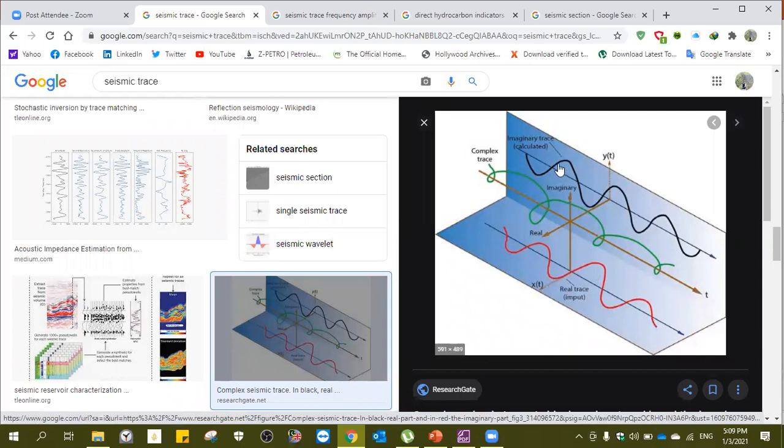Now the second one lies in the second dimension, which is the imaginary trace, which can be calculated with the help of different mathematical processes. After that, we have another trace known as the complex trace. So I am going to visualize my data set, which is a simple color variation for a common person.